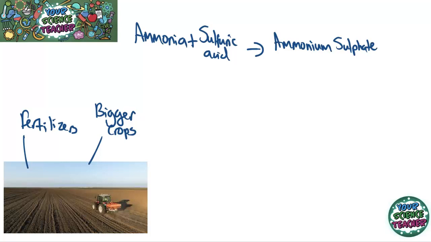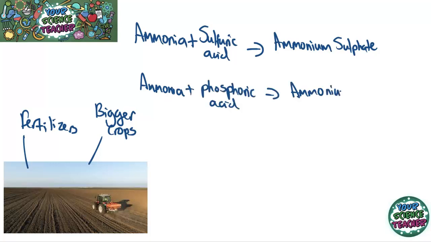When you've reacted it with the acid, you must crystallize it after, remember, as well, to get rid of any unreacted sulfuric acid. You could also react ammonia with phosphoric acid, and this would make ammonium phosphate salt. Or alternatively, you could use nitric acid, and this would make ammonium nitrate.